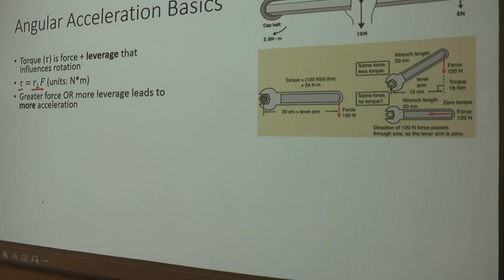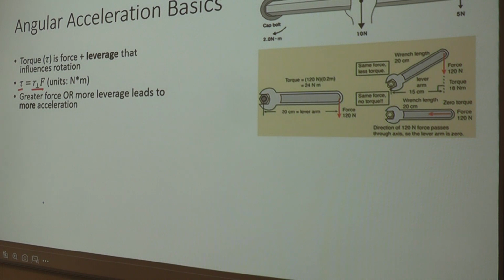So if I want to have this door swing open quickly, go from being motionless to moving rapidly, I could do it by applying a medium-sized force at a reasonable distance, or I can apply a smaller force at a large distance.